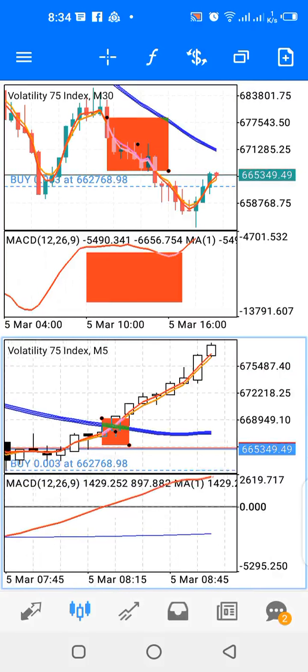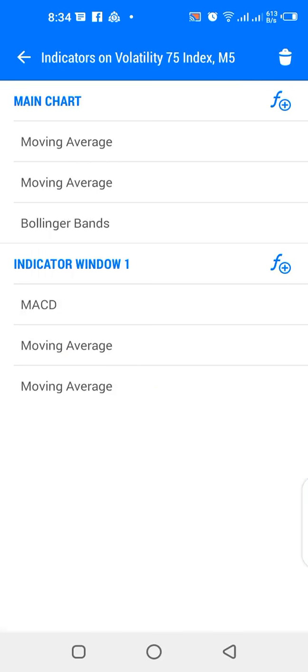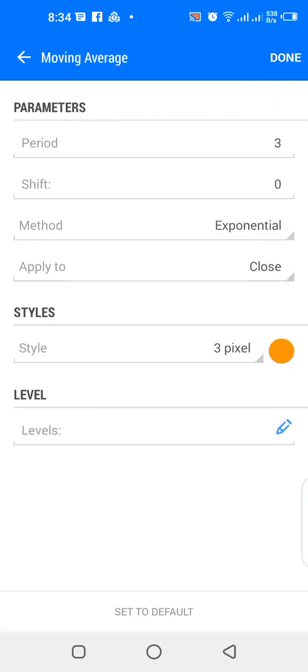But for the indicator window 1, if we are going to look at settings of the lower window, normally we have the moving average, 3 period, shift is 0, exponential, apply to close, orange. The second moving average, 3 period, linear weight, apply to close, color is red, and the Bollinger Band 35, 0.029, apply to close, and color is blue.